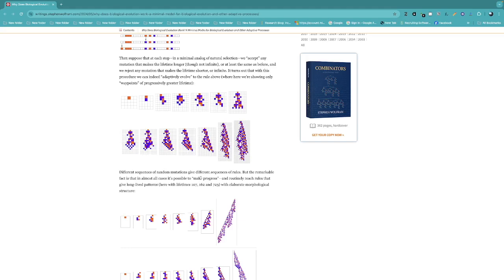So, in life, we tend to see more complex life as we move forward in geologic time. In the early years of Earth history, we had very simple organisms. And those organisms became progressively more complex. And now we have a diverse tree of life with incredibly complex life.